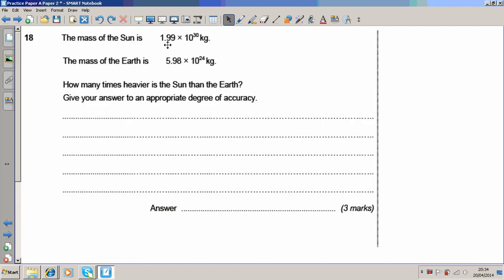Number 18, the mass of the Sun is that. The mass of Earth is that. How many times heavier is the Sun than the Earth? So to work that out, we're going to divide the numbers.